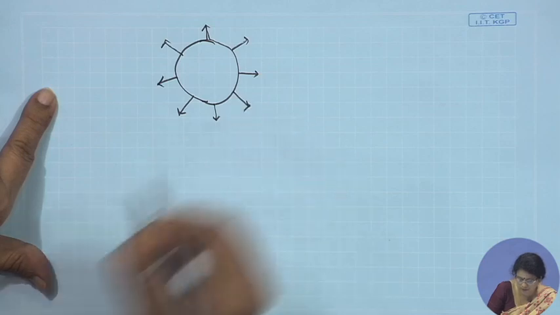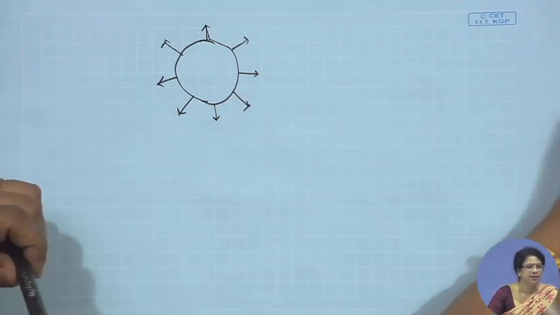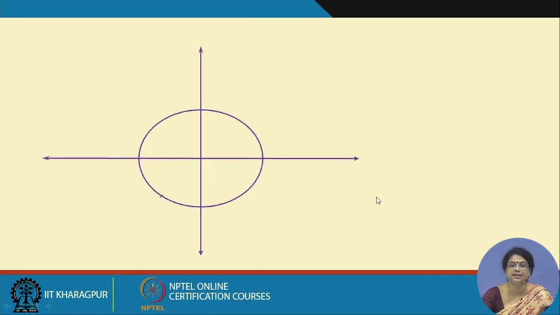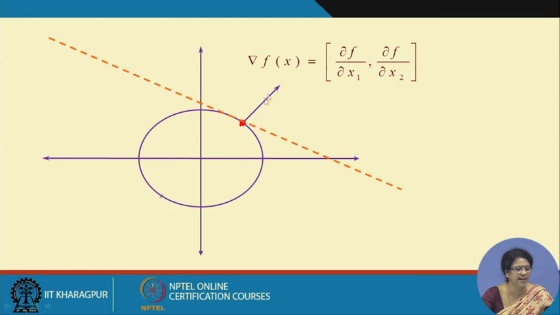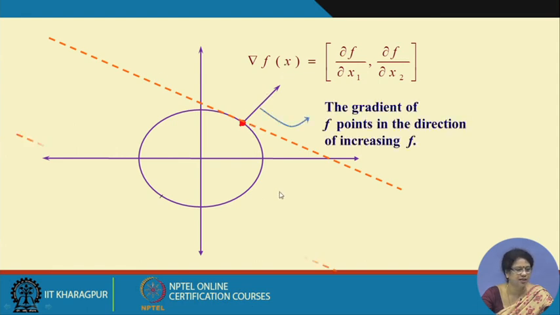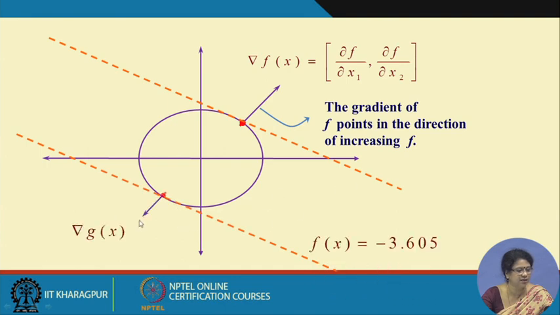Understood? Okay. Now, for the same figure, you see this is the circle, this is the maximum value, the gradient direction is this one, grad f. This is the minimum value. Where is the gradient direction?